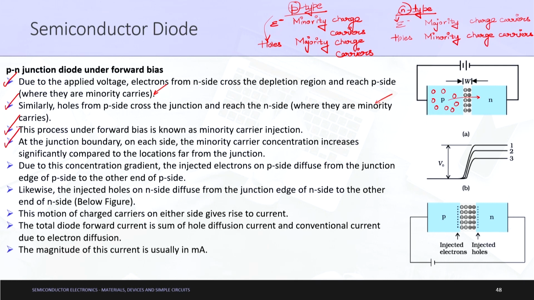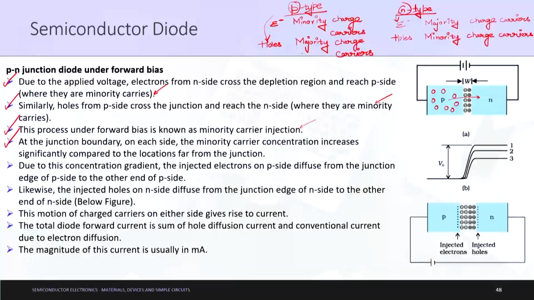Now at the junction, this process under forward bias is known as minority carrier injection. Let us say for the first point, electrons cross from N to P, so there is an addition of minority carriers to that side.